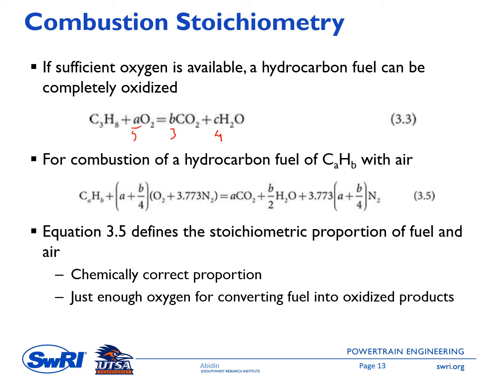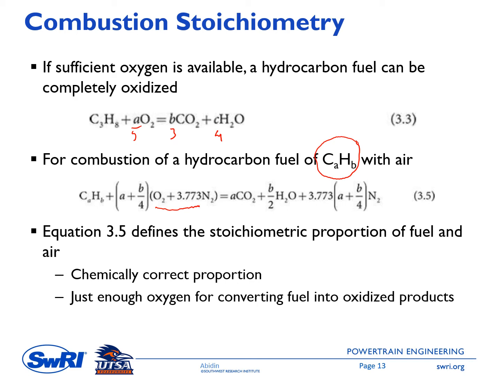We can generalize this rule by, let's say, having a hydrocarbon fuel of CaHb, this one. If we react this CaHb fuel with air, and you remember in the previous slide that 1 mole of oxygen is accompanied by 3.773 moles of nitrogen.